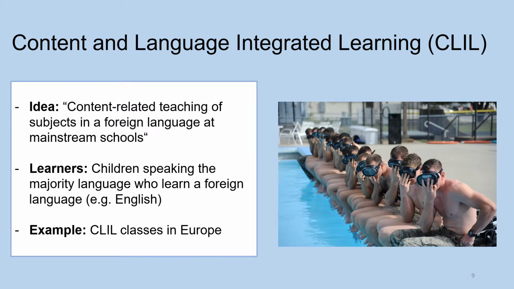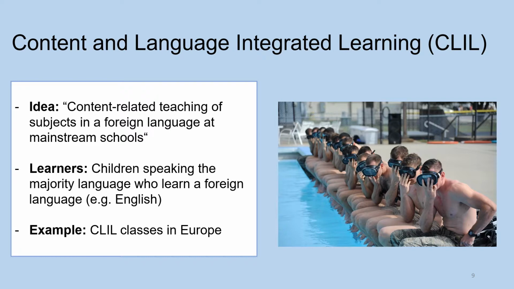The form of bilingual education which is probably most widespread in mainstream schools throughout Europe is CLIL, or Content and Language Integrated Learning. It's typically less intensive than immersion, but the general idea is quite similar, namely to teach content through subjects like history, geography, or maths in a foreign language. Many primary and secondary schools in Europe offer CLIL programs nowadays.